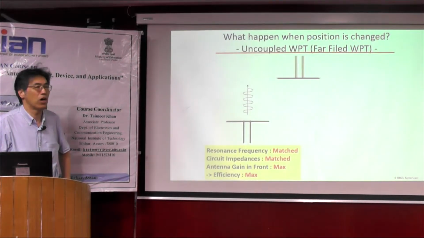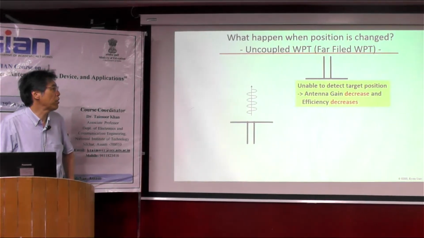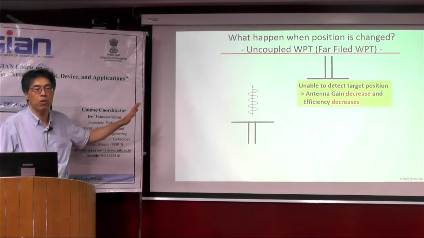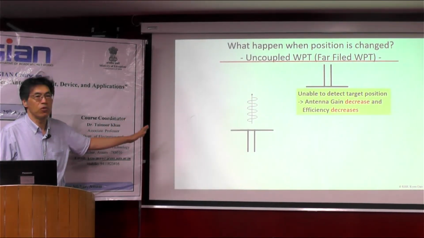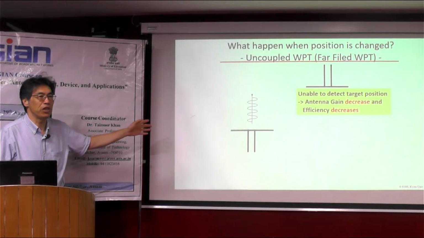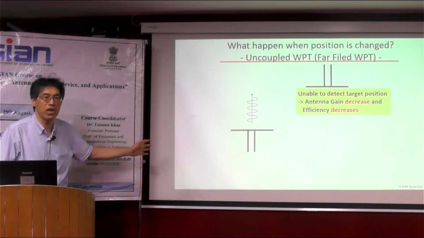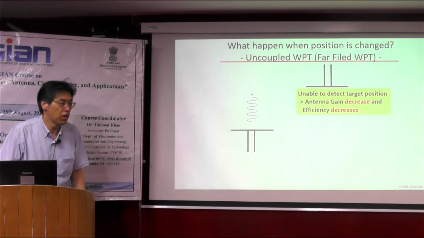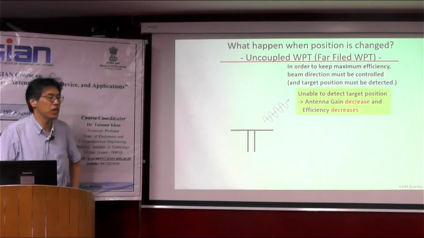When the user moves, our transmitter cannot understand what happened because there is no electromagnetic coupling. So the beam keeps transmitting just in front, and the efficiency suddenly decreases.